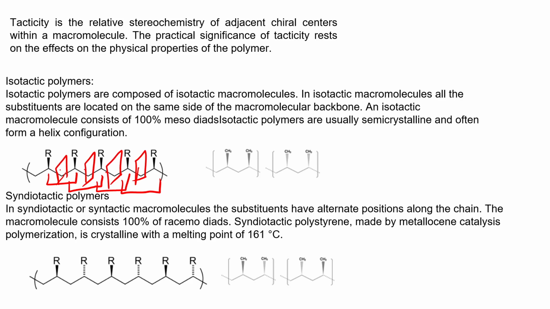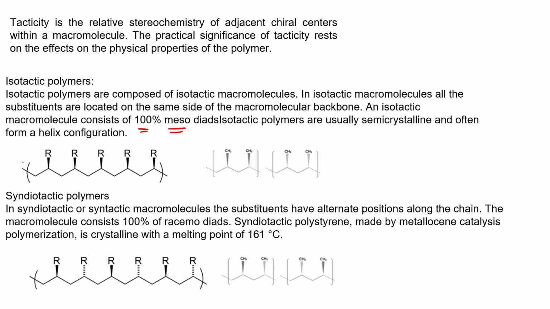So they are meso diads, because we are comparing between these two centers only. For isotactic macromolecules, they always contain 100% meso diads. If you have this chain and you can observe this particular relation, only then you can say that they are isotactic polymers.